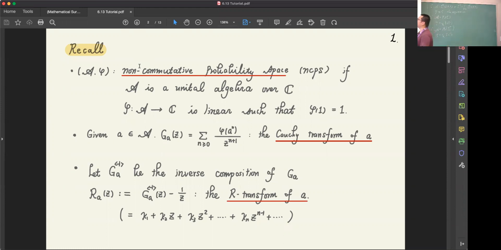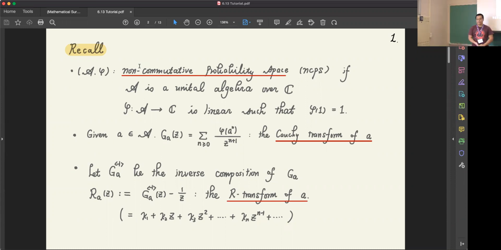Now, when we have a non-commutative probability space, for a given element A we can collect all the possible moments into a formal power series, a formal Laurent series. This we call the Cauchy transform of A. Here everything is formally defined. When you have the Cauchy transform, we compute the inverse composition of G_A, and we get something called G_A inverse.